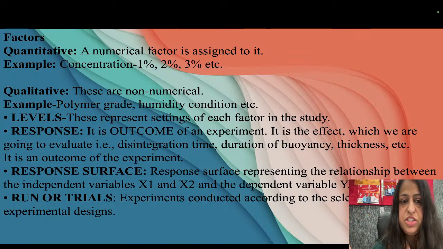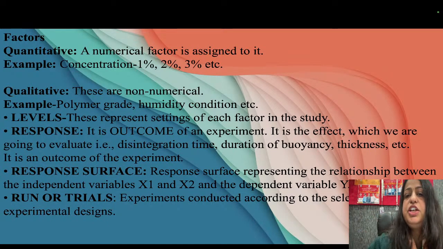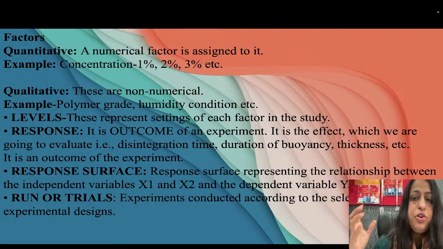For example, we can take disintegration time. So the amount of disintegrating agent in the formulation will directly affect the disintegration time. If I am formulating a floating dosage form, then the duration of buoyancy, means for how long the tablet is floatable, it is on the surface of the gastric fluid.